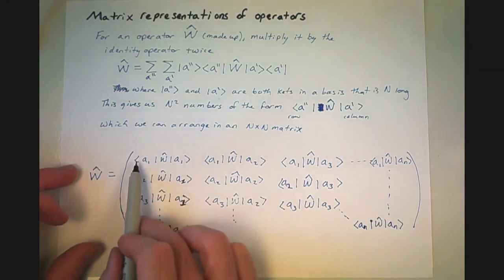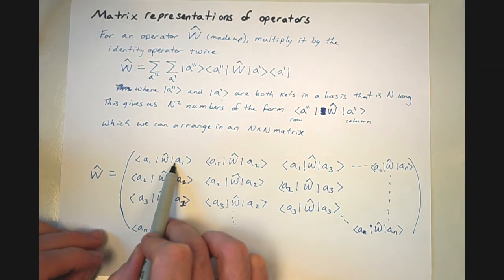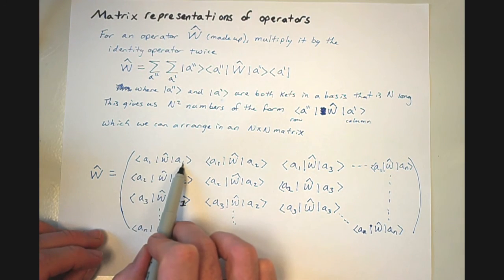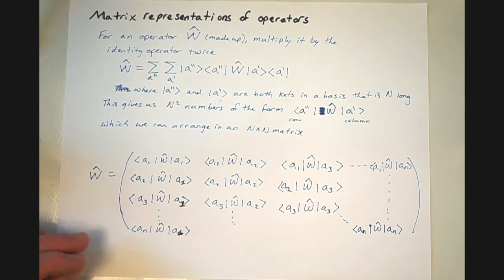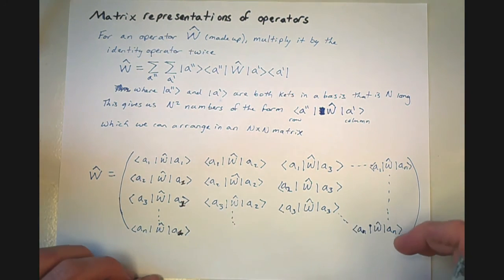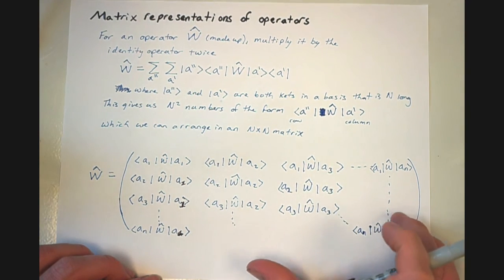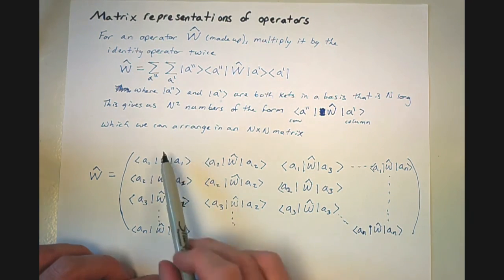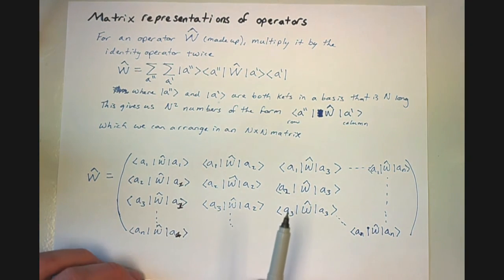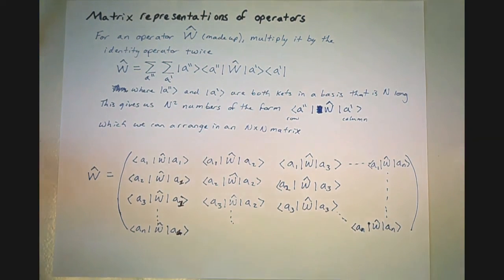And so it will still take some work to calculate each inner product all throughout this matrix. But what this does is this allows us a really convenient way of visualizing and understanding all of these operations for large ket spaces.